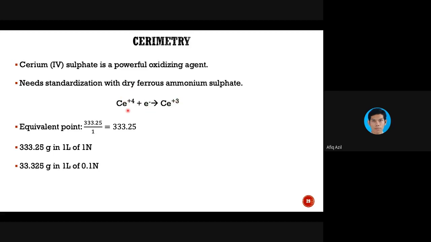So the difference in the number of electrons is just 1. If you want to prepare 1N solution, you need 33.25 grams of this cerium sulfate, but 0.1N only requires about 3.3 grams.